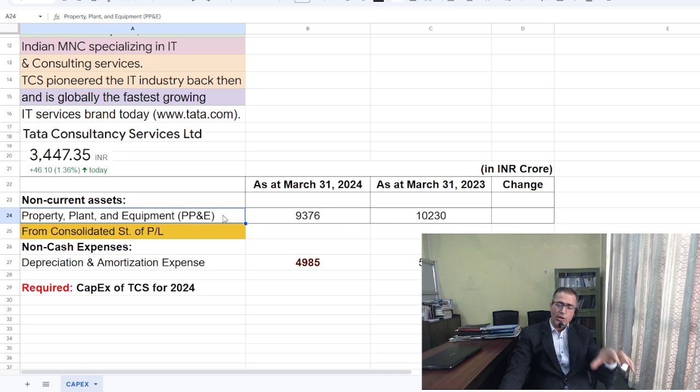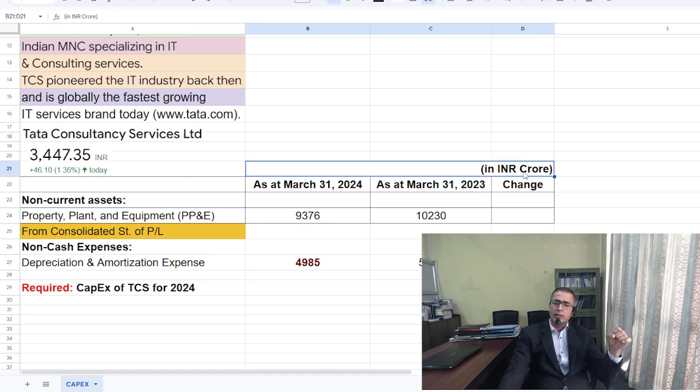In the annual report you will find the notes to the financial statements, and the detailed calculation of property, plant and equipment you will find in the audited report. All is given in Indian currency, that's rupees, in crore. We have 9,376 in 24, while in 23 it is 10,230.